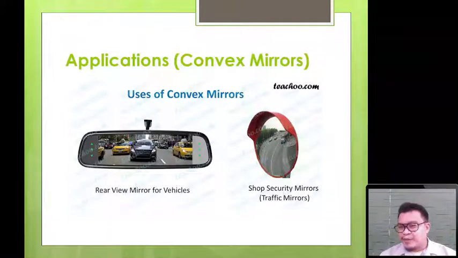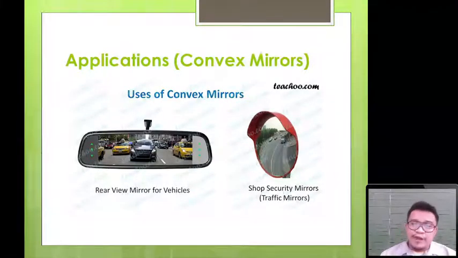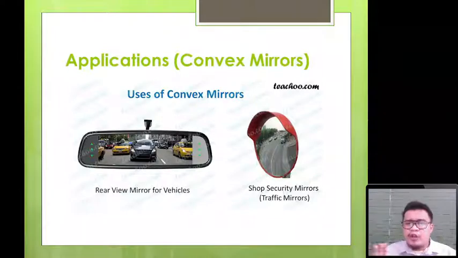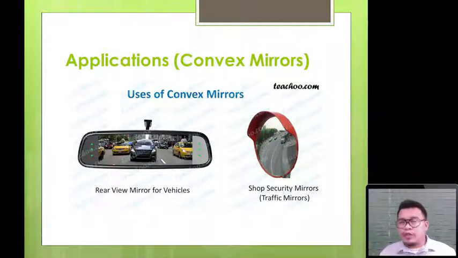And of course, shop security mirrors, especially in convenience stores, and blind curve mirrors are also a convex type. Now, they usually use this kind of mirror in order to give a wide view of the object or the image that they are viewing.